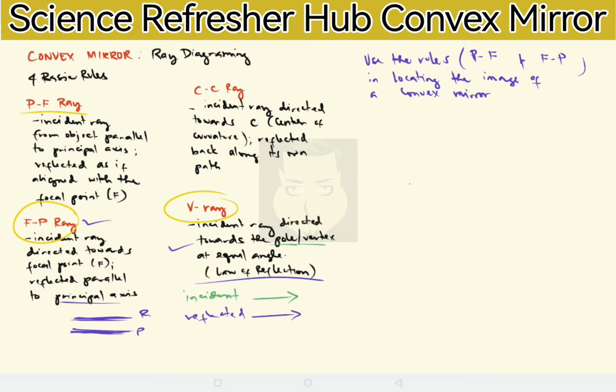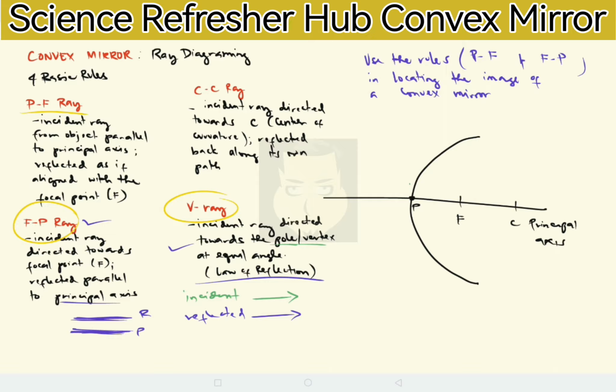So again, let's draw our convex mirror here, and of course our principal axis. Then in drawing the convex mirror, we will place our C and focus or focal point here, and this is going to be the center.